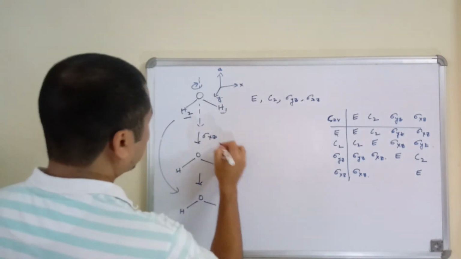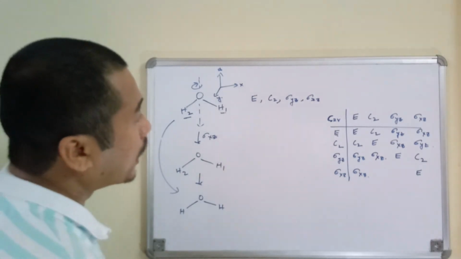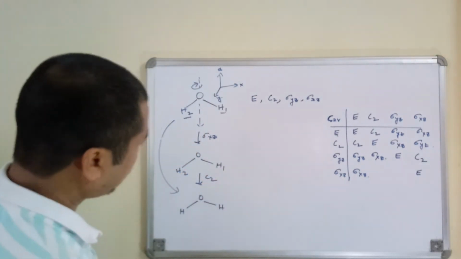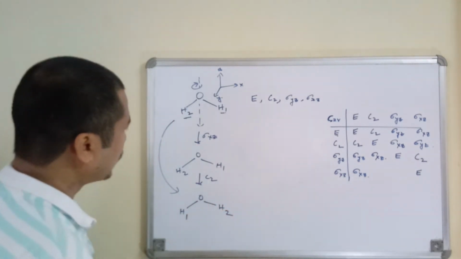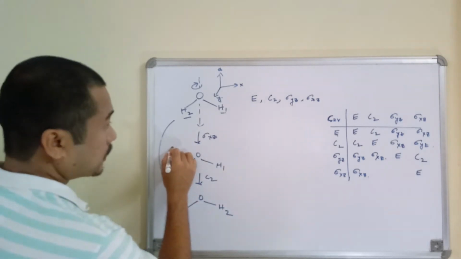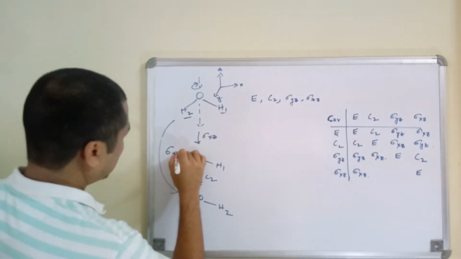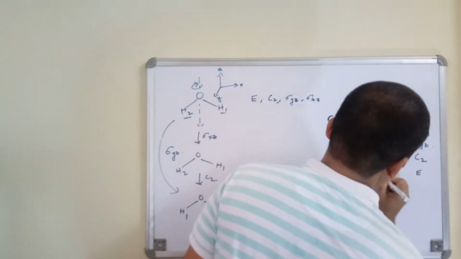When we do sigma xz, atoms do not change position, and then I have to do C2 operation here. If we do so, this is going to be H2, this is going to be H1, which is sigma yz. So we can write sigma yz here.